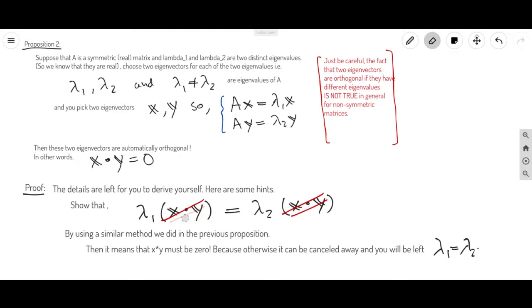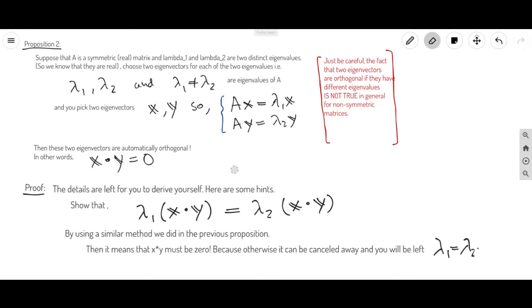But before you cancel something away in mathematics, you have to know that you're not dividing by 0. If you cancel it away, you get lambda 1 equal to lambda 2, which is a problem because we said the two eigenvalues are not the same. So you cannot cancel it away, and the fact that you cannot cancel it away means that it has to be 0. So the dot product has to be 0.